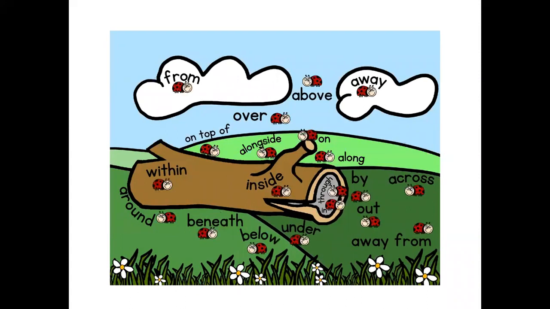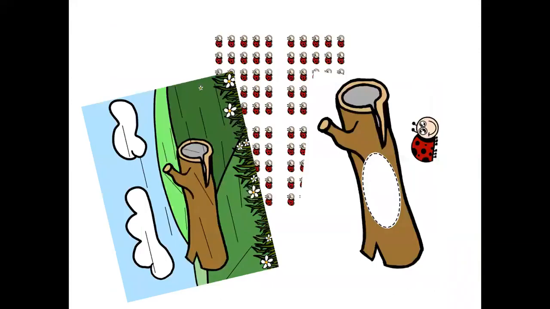And then of course it'll look like this, which is absolutely darling. And you can enlarge this and hang this up as a mini poster. And then they have in the actual set the page with the lines for them to write the word, and then all the little bugs that they can glue with the word, and then the log and the bug that they can practice.